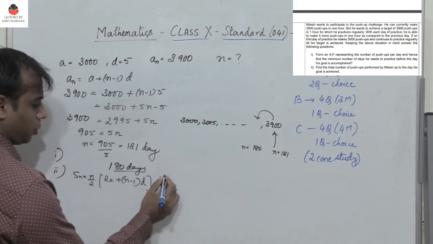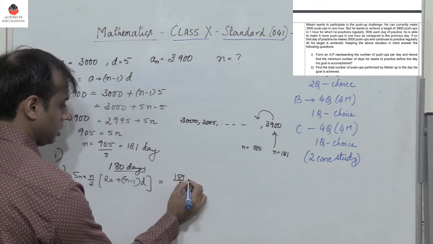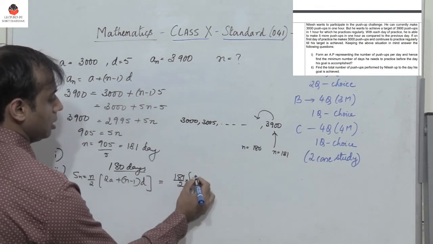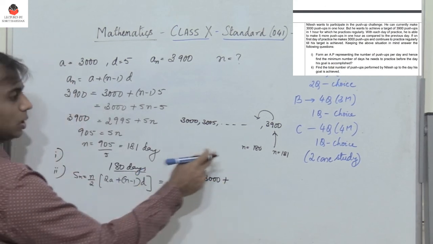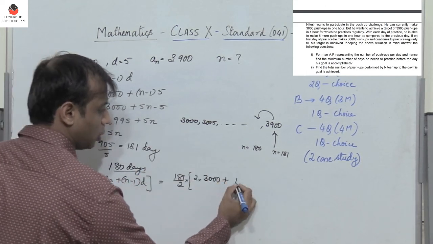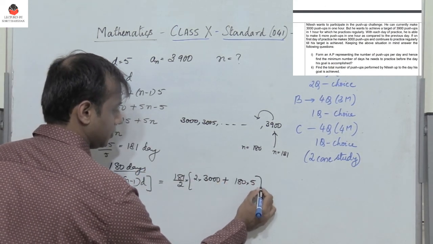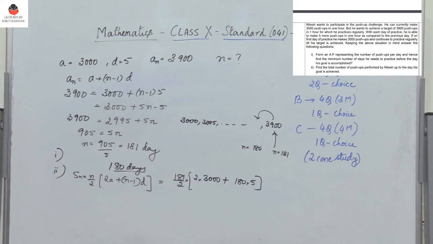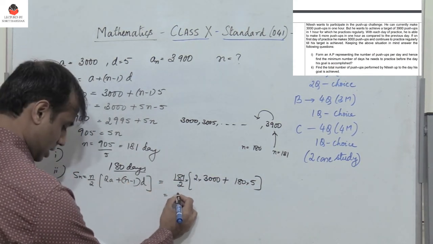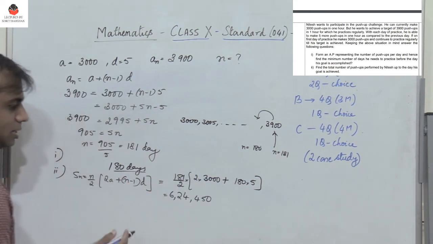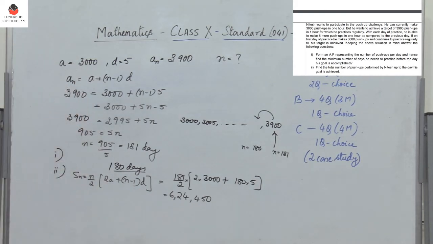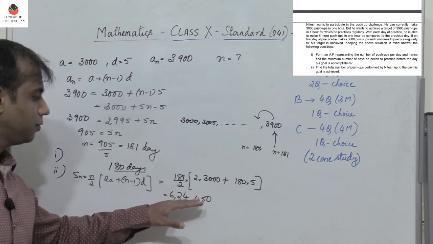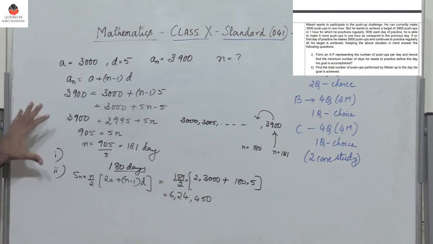So this is a straightforward problem. 181 by 2 into 2a, 2 into 3000 plus n minus 1, 181 minus 1 is 180 into 5. So if you perform the calculation, you get the value of Sn as 6,24,450 push-ups. So in 181 days, he would have done 6,24,450 push-ups.